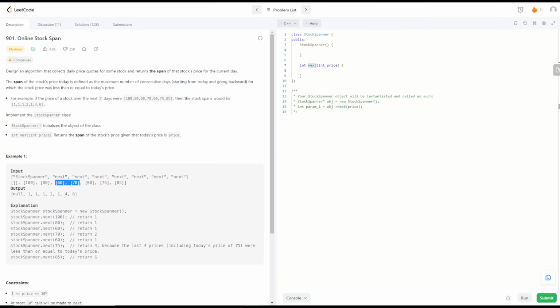Let's implement it to get a better idea of this monotonic stack. At the end, the summation of the elements that are popping out would be the answer for these elements. Let's start. At the beginning, for each of the elements, I just need to put 1, because whatever value you have is always less than or equal to the value you're inserting, so it would be part of the monotonic stack or part of the span.